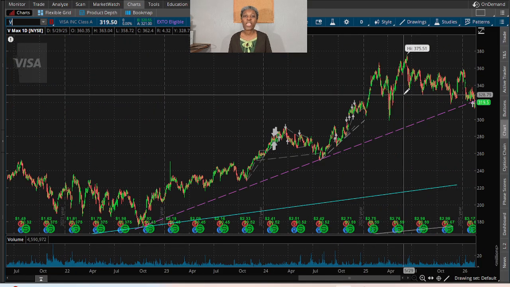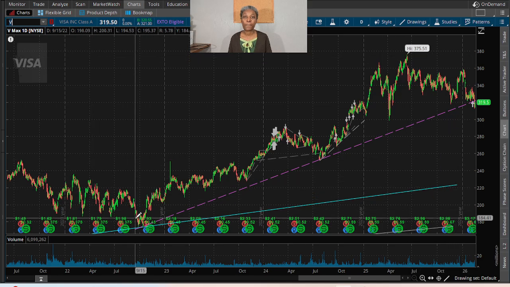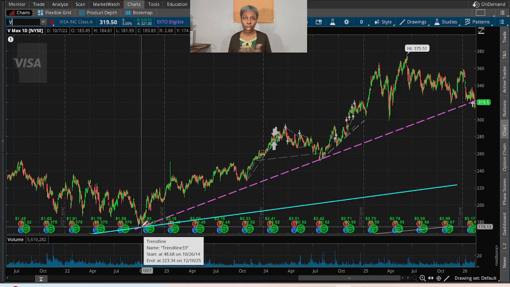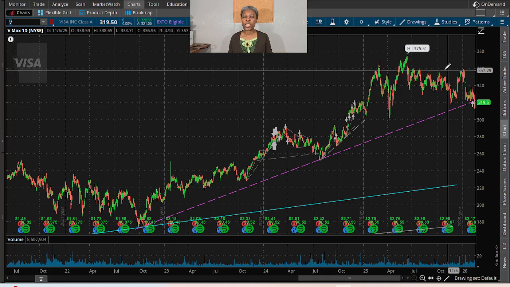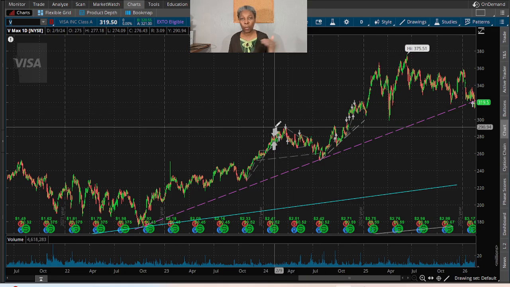And when we are looking at it, we have the top of the mountain and we have the valley of the mountain. So the resistant line is traced passing by the top of the mountain, and depending on the swing trading strategy you are using, it might matter to you.